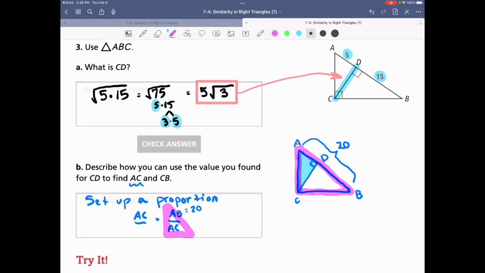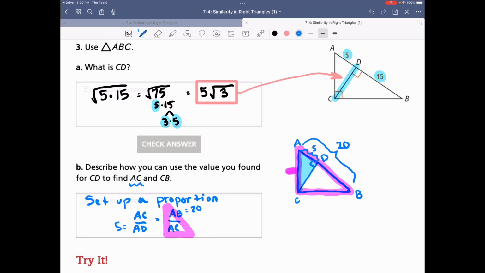So AC in the pink triangle is the little leg right here. Well, the little leg in the smaller triangle is right here, which is from A to D. And A to D, we already know from the diagram above, was 5.